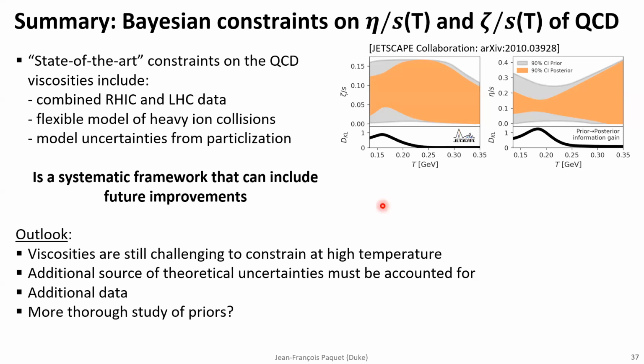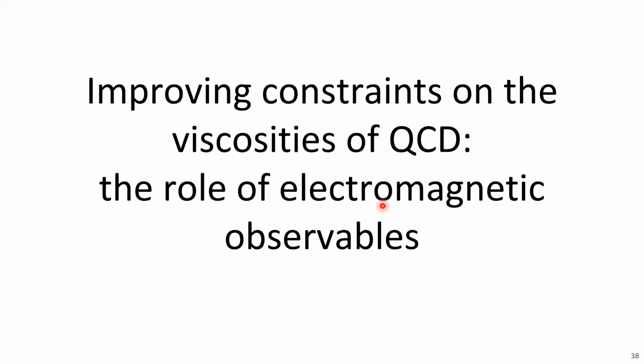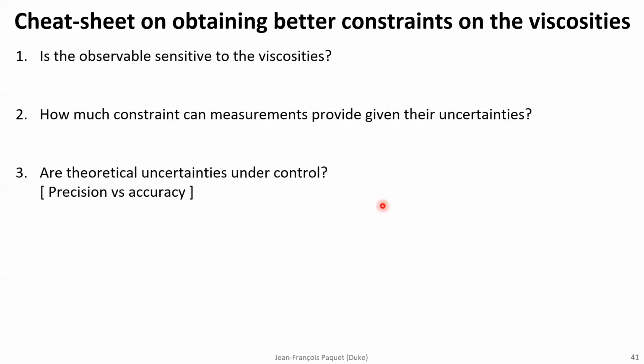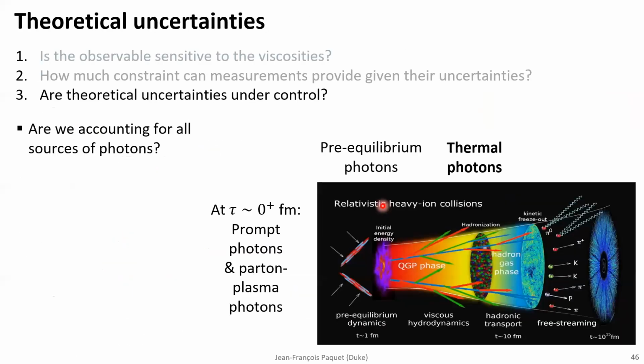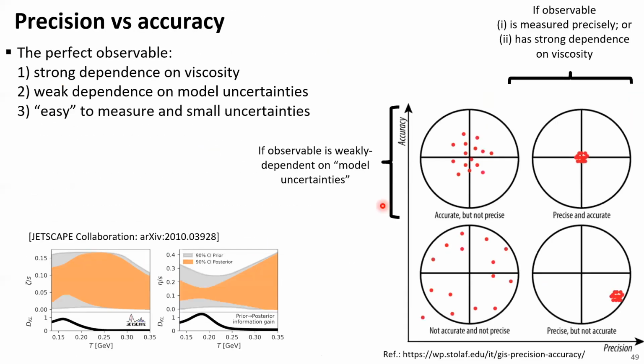Right, so that's where, for example, photons could play a role, or other observables. It's a difficult question, because some of you might be aware there's been a Bayesian analysis recently by people at CERN and by people in the Netherlands, and they find a much smaller bulk viscosity as well.